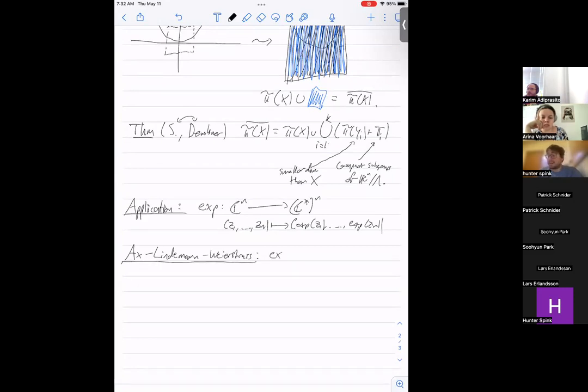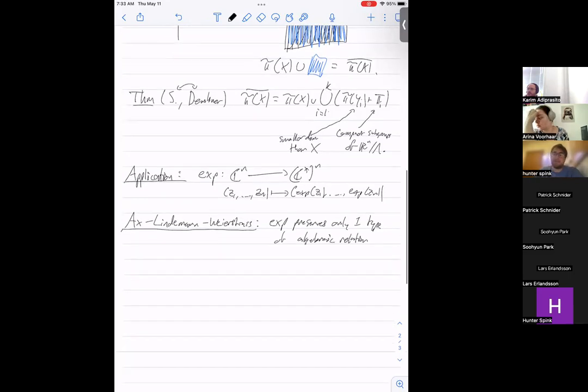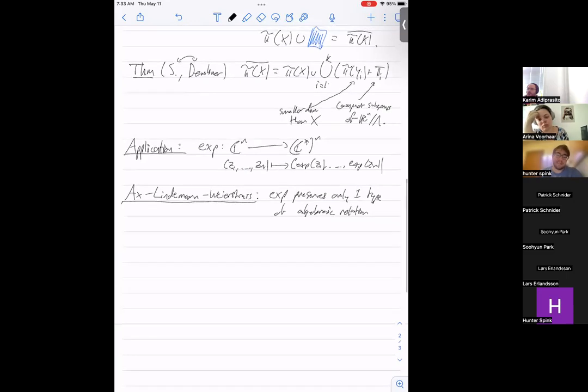So basically, the Ax-Lindemann-Weierstrass theorem says exp preserves only one type of algebraic relation. And I'll phrase it in a way that makes it very similar to the question that I was studying. Okay, so for example, let's see if exp preserves any algebraicity when applied to the parabola.